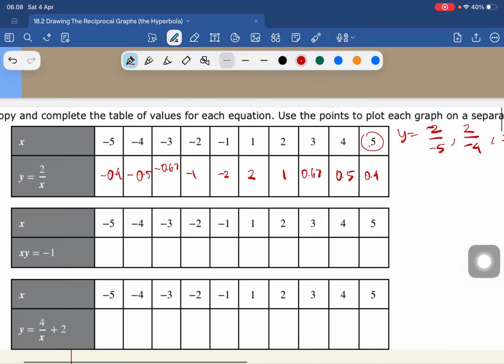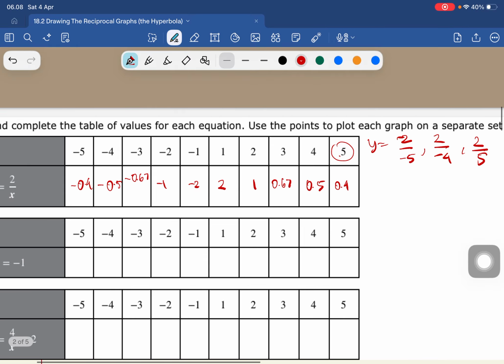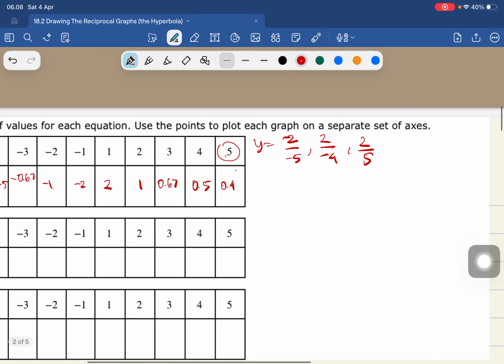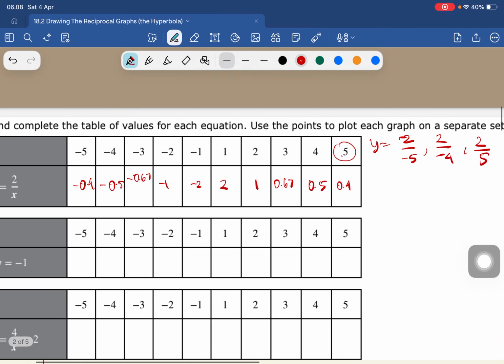Now we need to plot each graph on a separate set of axes. So we need to draw it.